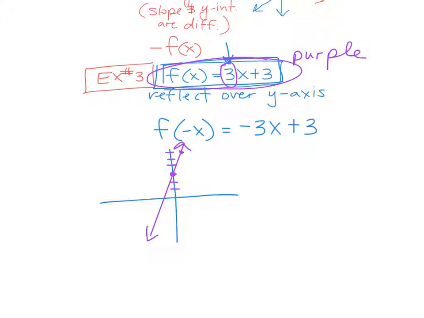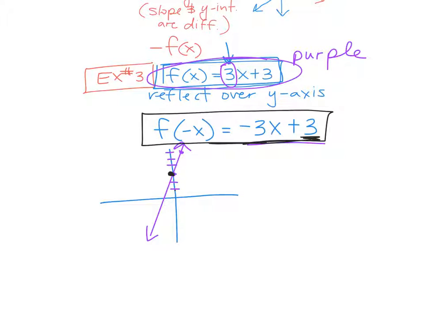Okay? If I reflect it, now it's this equation. That one I'll do in black. So when I do this, my y-intercept is 3, which means I'm at the same y-intercept, but now my slope is negative 3. So what's the difference? What do I do?